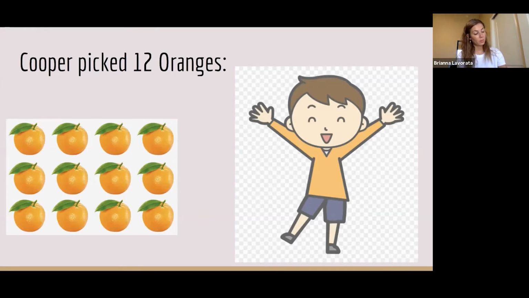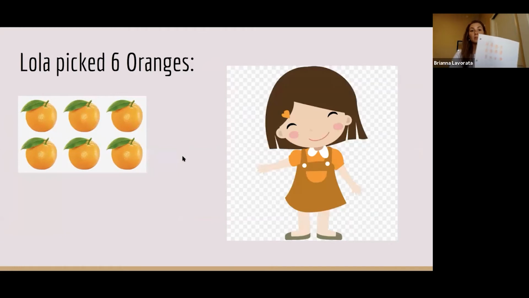And then we are going to draw, just coloring these oranges in here. Okay, so we have our 12 oranges for Cooper, just like our picture shown. Now Lola picked 6. So below that, I'm going to represent Lola's 6 oranges by drawing 6 oranges below, okay?